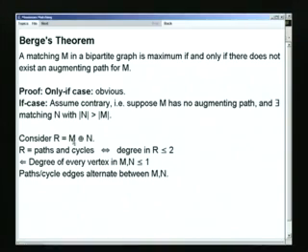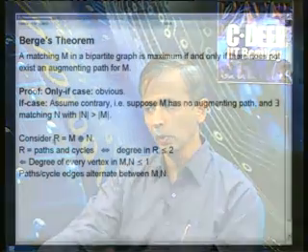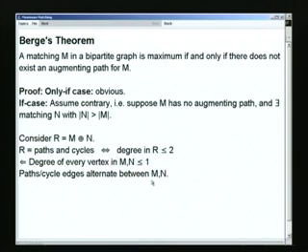So in M itself, two edges are never incident on the same vertex, and therefore when those edges go into R, this property will stay around. And similarly for N, and therefore we know that the paths and cycles inside R consist of alternate edges of M and N.